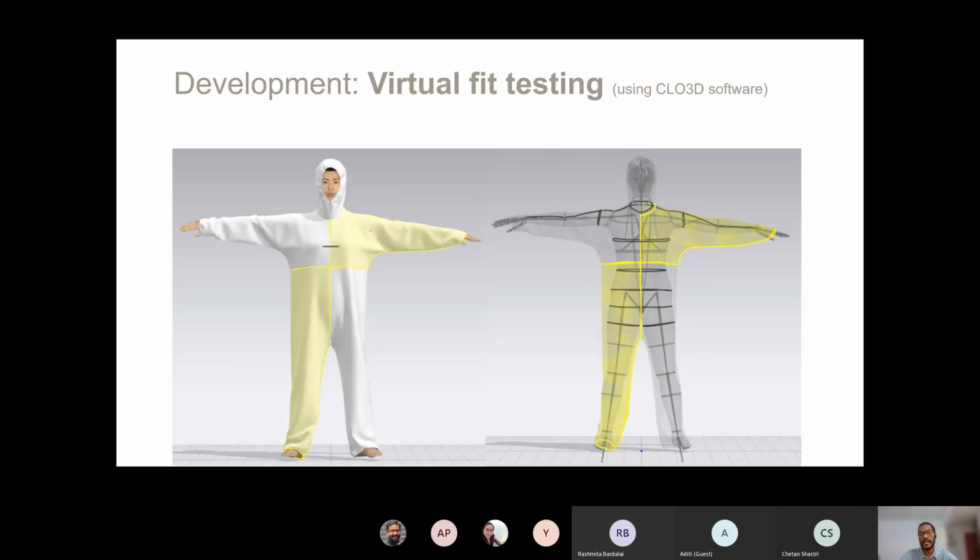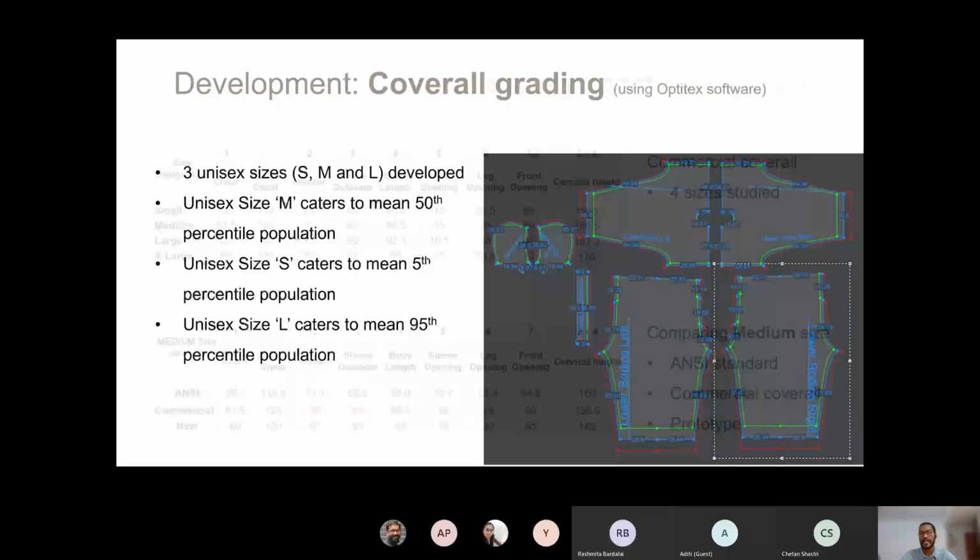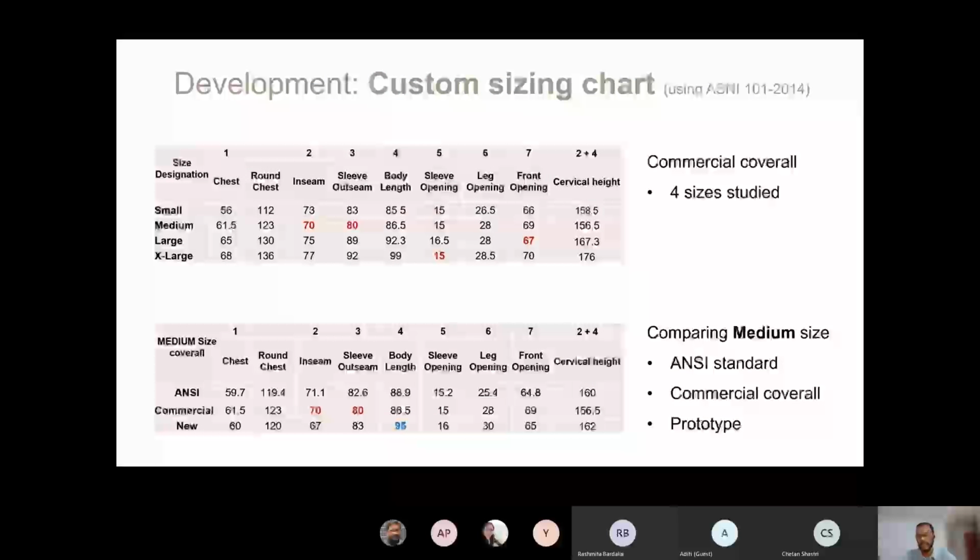Once we had satisfactory results from the fit testing, the three-dimensional patterns were converted into flat patterns using another software called Optitex, where grading was done and the fit chart was developed.